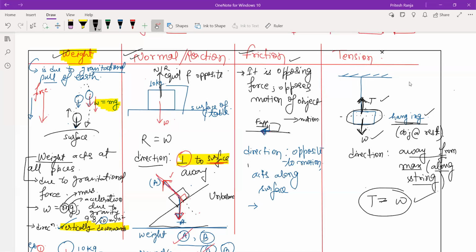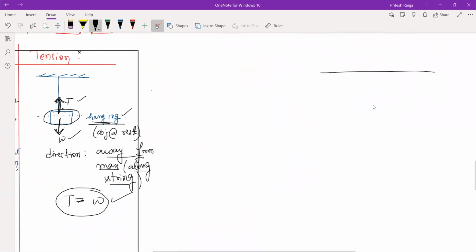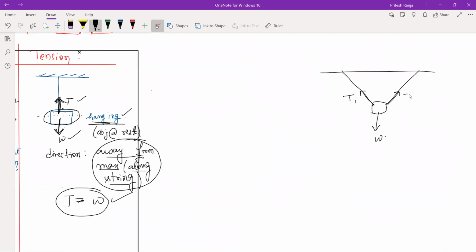So yes, Samad, let us suppose the object is attached like this, and here is the weight. What direction is given for tension? Away from the mass along the string, so tension will act here, this will be T1 and this will be T2. Here we have the direction mentioned, away from the mass and along the string.